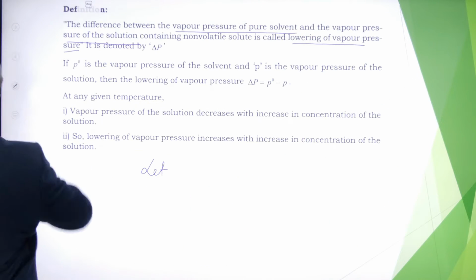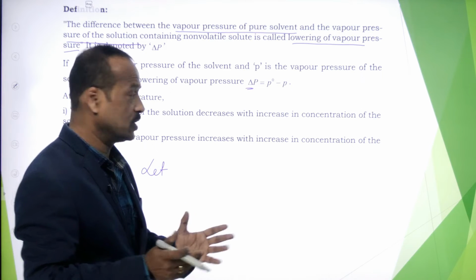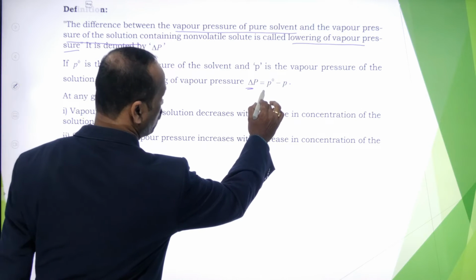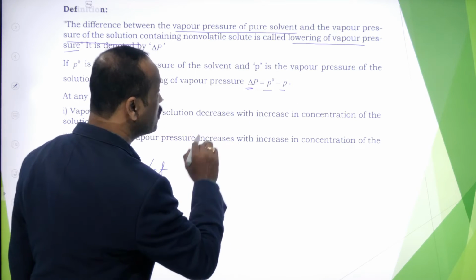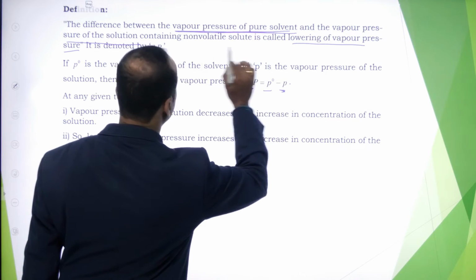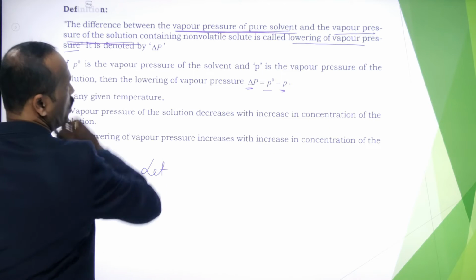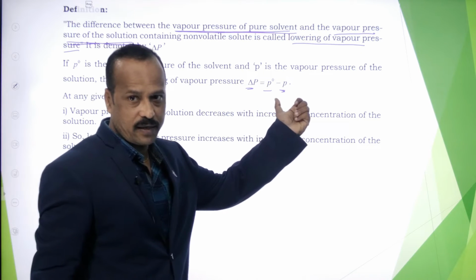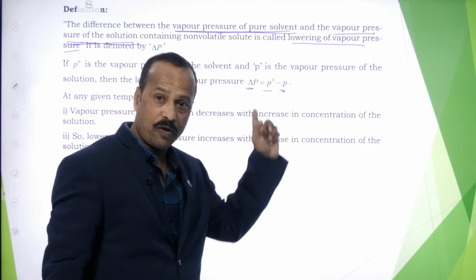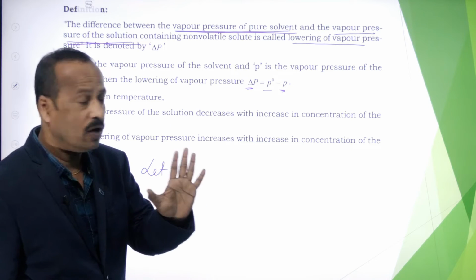So delta P, the lowering of vapor pressure, is equal to P naught minus P. P naught is the vapor pressure of the pure solvent, and P is the vapor pressure of the solution. If you subtract the vapor pressure of the solution from the vapor pressure of the pure solvent, we get the lowering of vapor pressure.